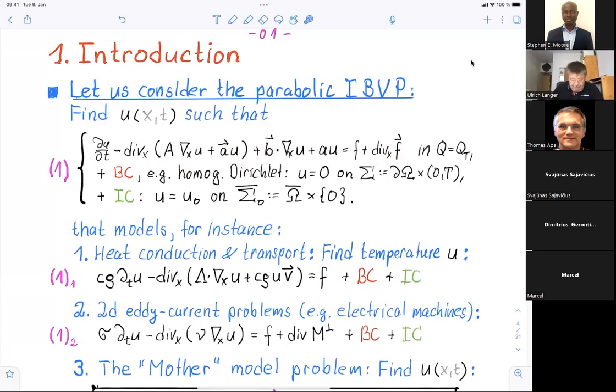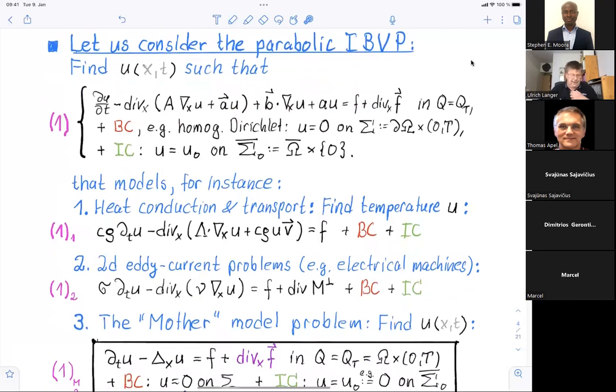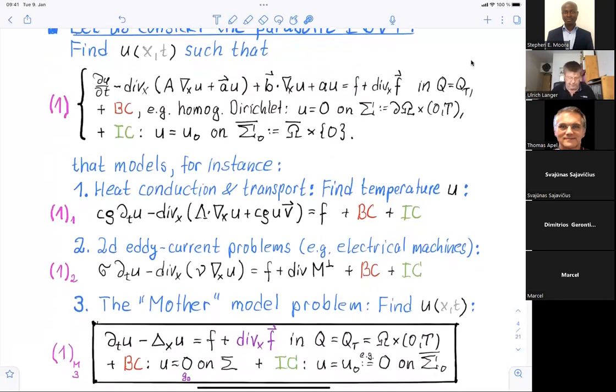And then we have boundary conditions. I only consider here homogeneous Dirichlet conditions after homogenization. You have an initial condition. You can also assume that these initial conditions are homogeneous due to homogenization. This is a model for a lot of problems.